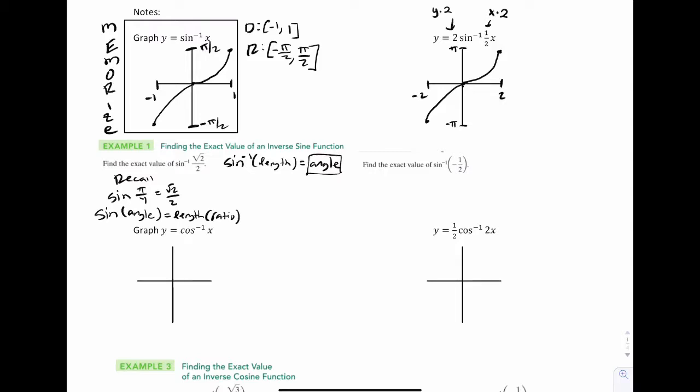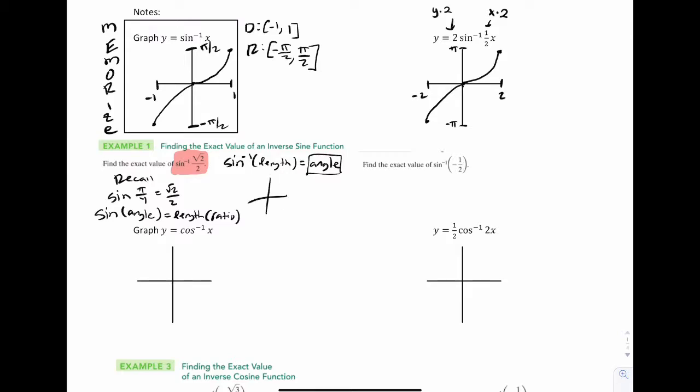Now, if we're looking at sine inverse of √2 over 2, the issue is that √2 over 2 happens in two places on the circle, right? If you imagine your circle, √2 over 2 happens both in quadrant 1 and quadrant 2. So to fix that, this is what we're going to do. I'm going to get rid of this.